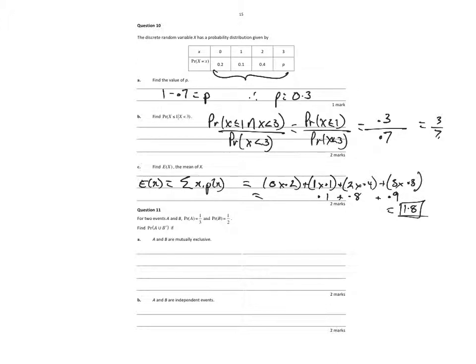All right. Last one. Two events A and B. A is equal to that, B is equal to that. Find A union B dashed. All right. So we do know, if they're mutually exclusive. So again, as soon as I've got the dashes there, I'm doing my table. A dashed, B dashed.